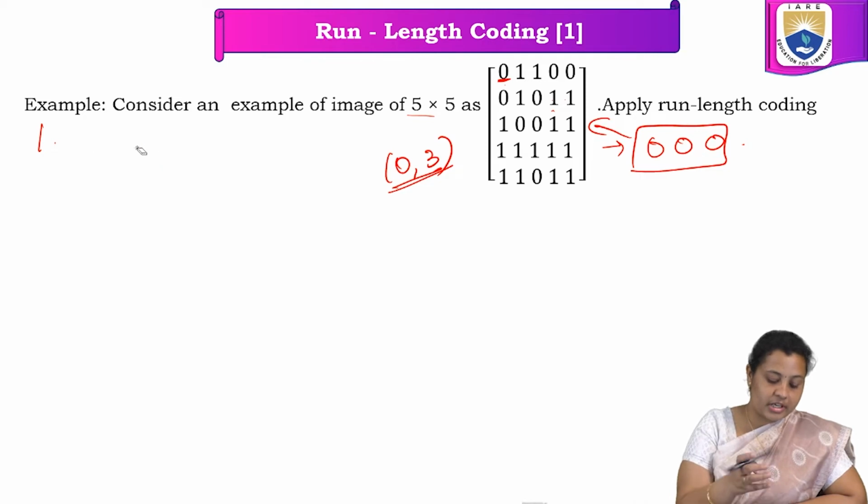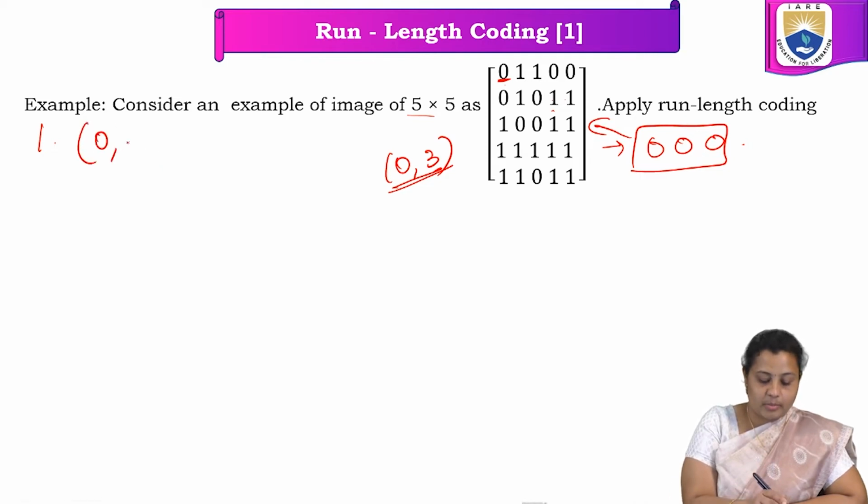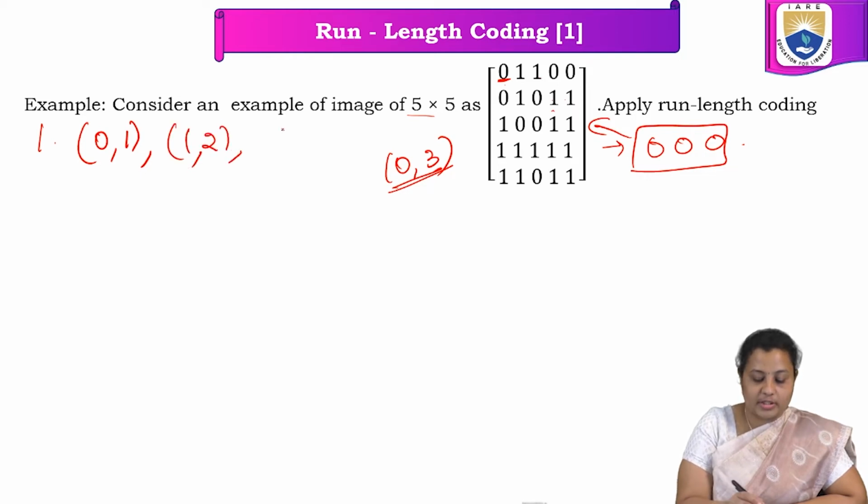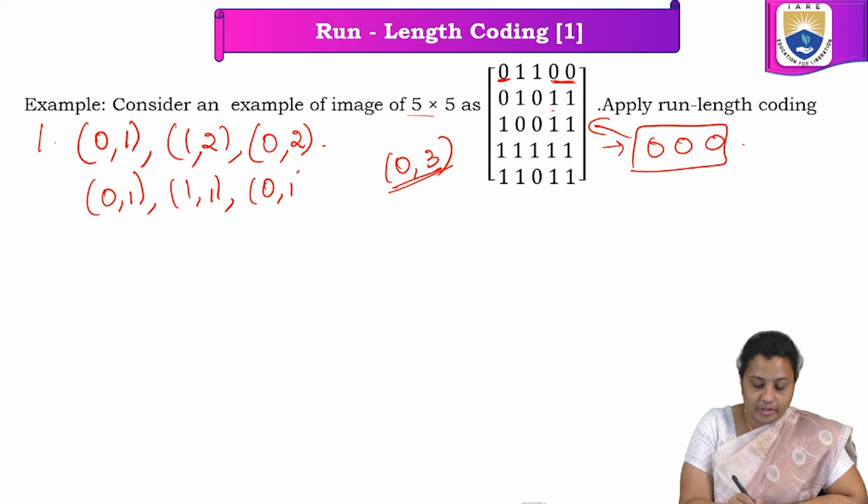For that reason, we have to write it in this form. So how do we write it? 0, 1, only one value. Then 1 intensity values, we have 2 pixels. Then again we have 0, which is of 2, right? Next, second row, how do we write this? 0, 1, 1, 1, 0, 1, and 1, 2.